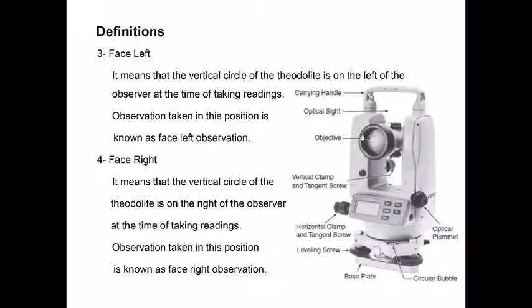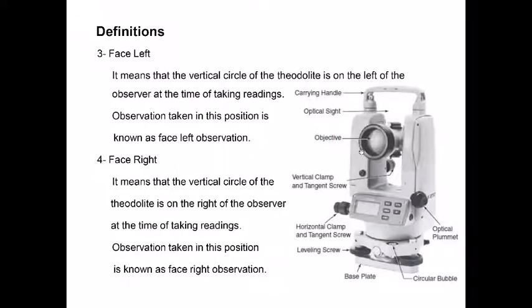That could be on either side of the theodolite in different models. Usually we have a reference mark that tells you that this side is the side of the vertical circle, or the vertical circle is on this side, or it could be on the other side of the theodolite.